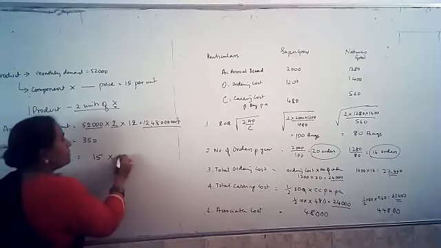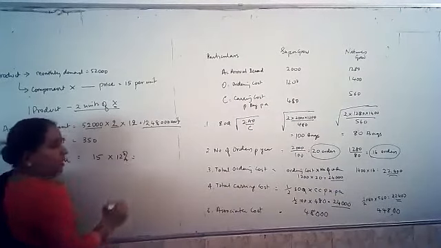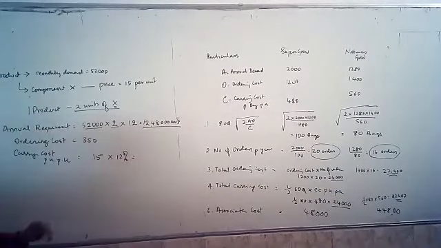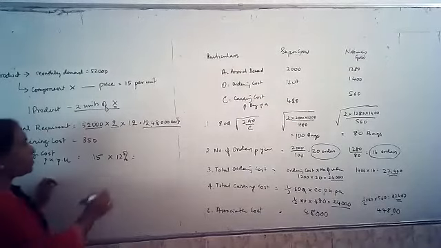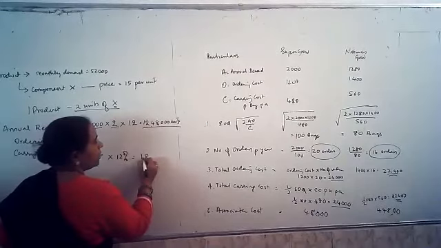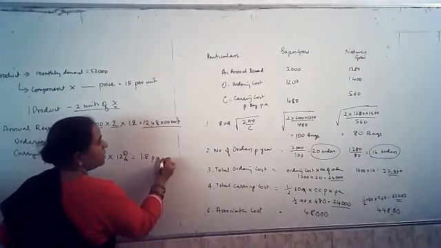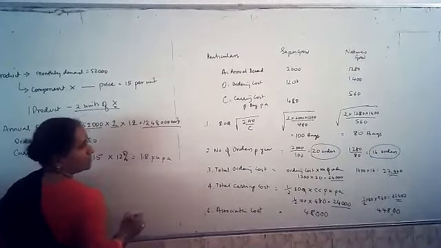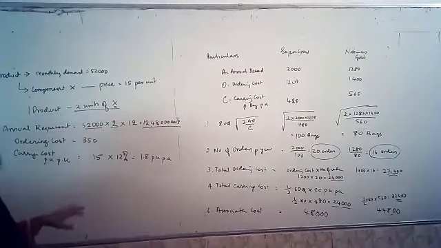So 15 rupees into 12% is 1.8. 1.8 is the per unit per annum carrying cost.